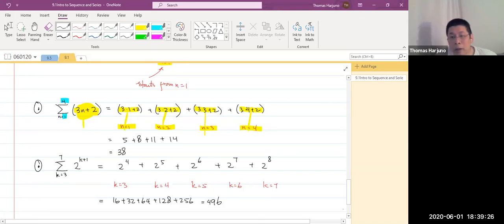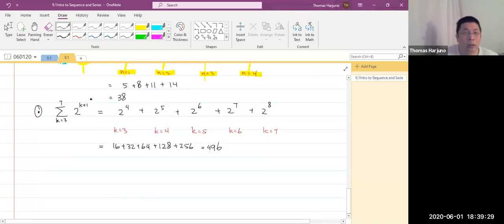Now, be careful though, the indexing may be quite confusing. You need to pay attention to details. Suppose I have n equals 4 up to 10, and the sequence that I need to add is, let's say, 3 to the k plus 2.